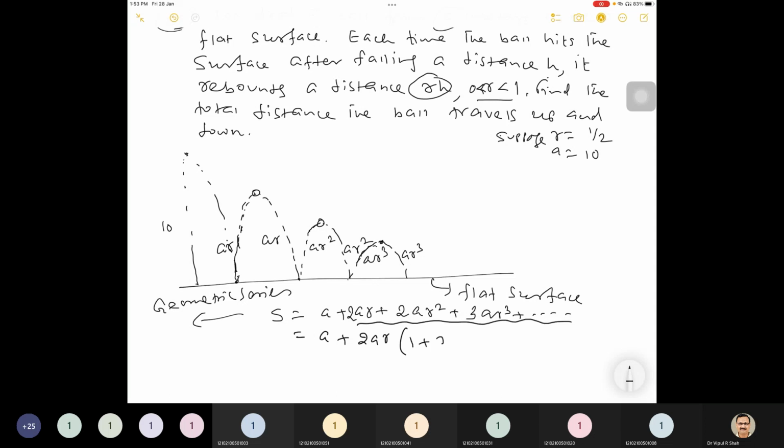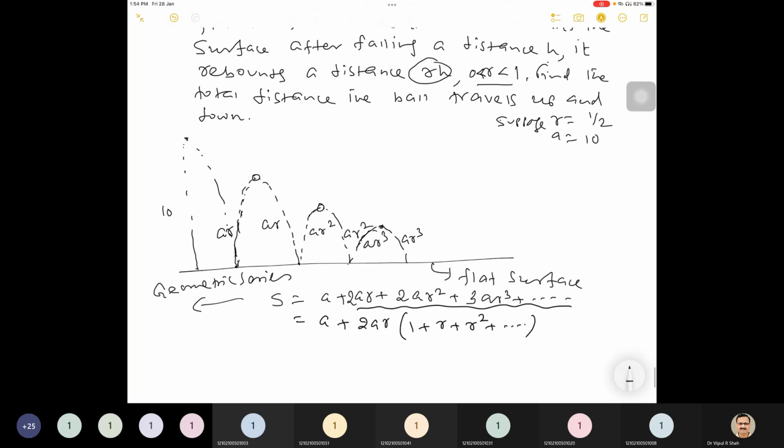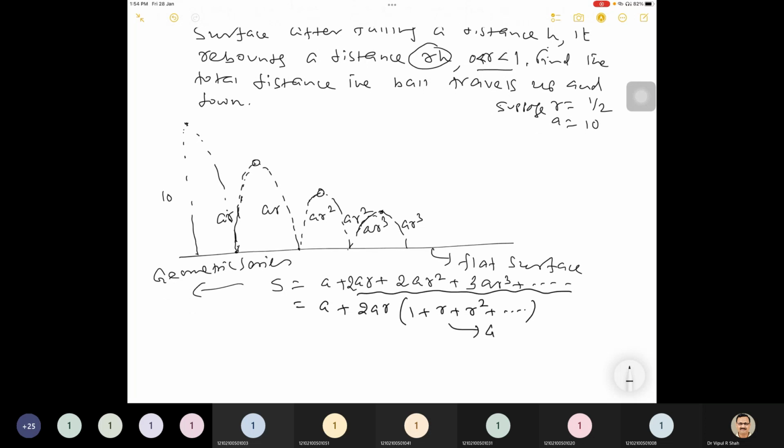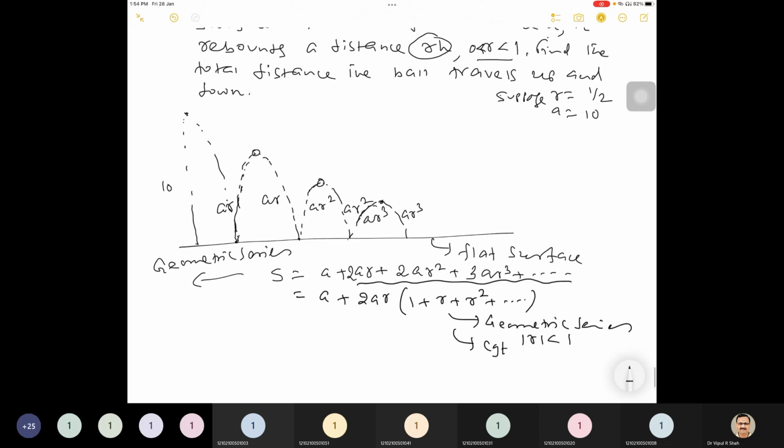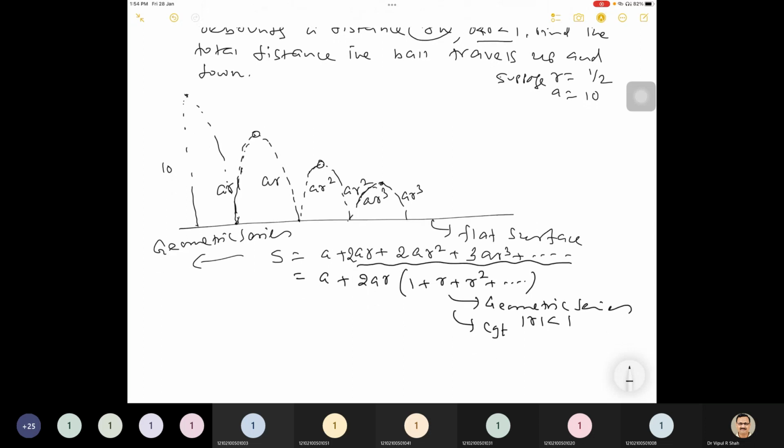What remains is 1 plus r square and so on. Agree or no? Yes, sir, this is a geometric series. Modulus r is less than 1, so convergent, yes or no? If r is greater than 1, then you can't find it.